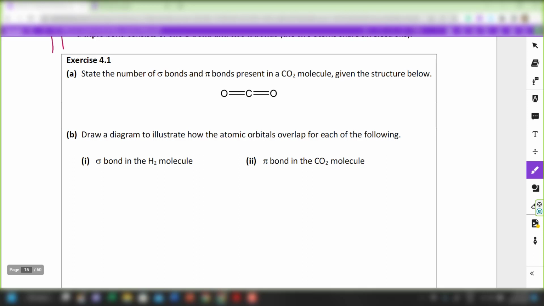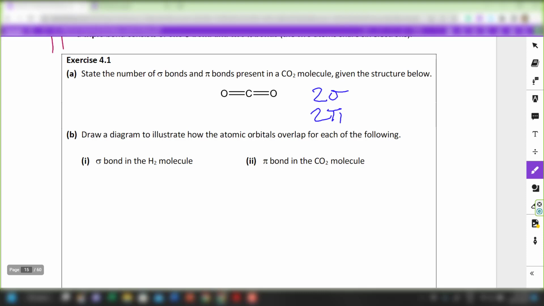Because it forms 2 double bonds, the first bond of each must be a sigma bond. So that is 2 sigma, and the remaining one in each must be pi, therefore 2 pi. Remember each double bond must be made up of 1 sigma and 1 pi. If you multiply that by 2, that will be 2 sigma and 2 pi.